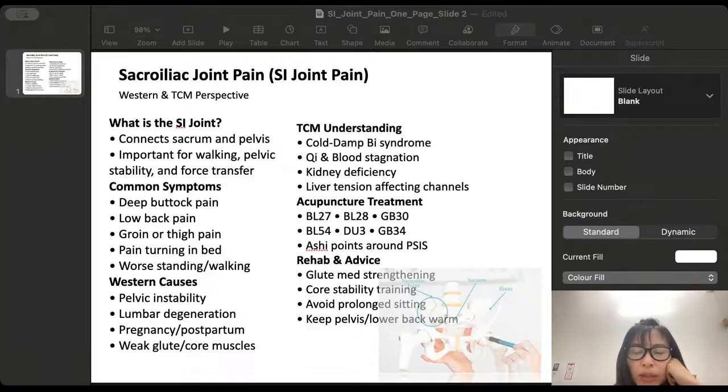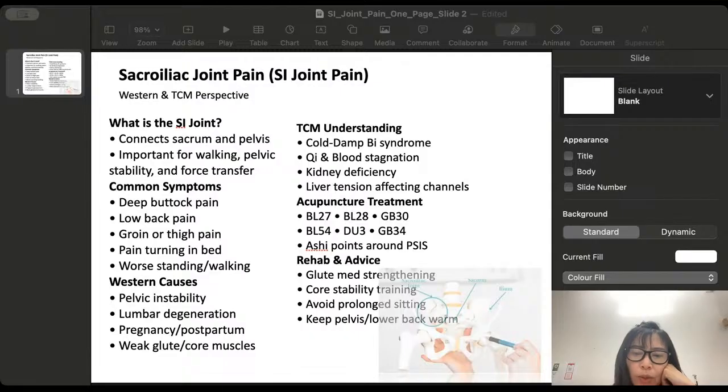There are some common clinical mistakes as well. For example, like I said before, when the practitioner treats only the lumbar spine, but the actual problem is the pelvis, you are treating the wrong site. Also, excessive aggressive manipulation.